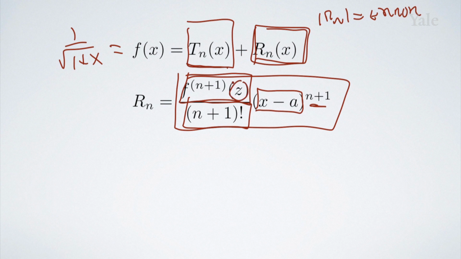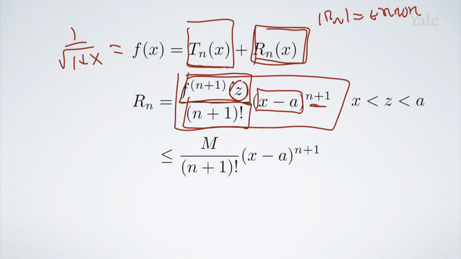And z, in fact, is unknown to us. We don't know what it is. We only know that it happens to be between x and a. And a, again, is our center of approximation. And this is a problem. So in theory, this is beautiful, but in practice, what we're going to have to do is think about the worst case scenario for each of these derivatives.